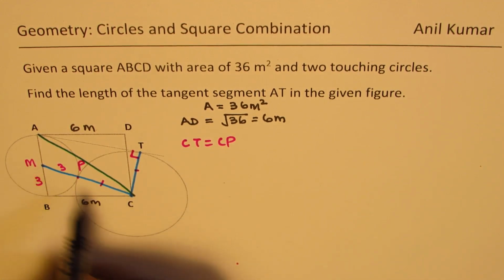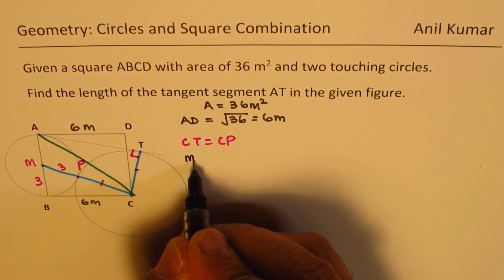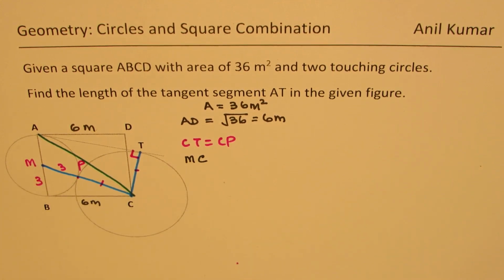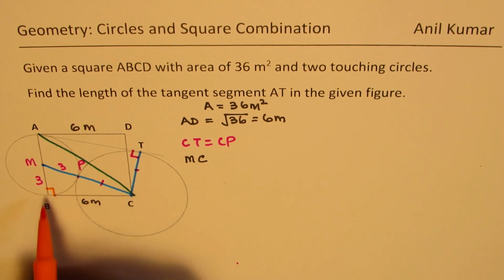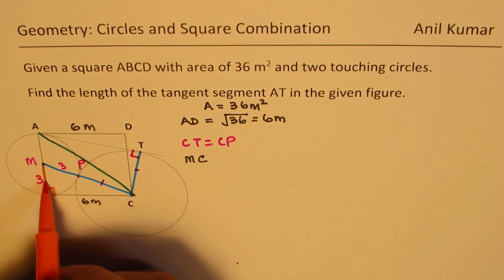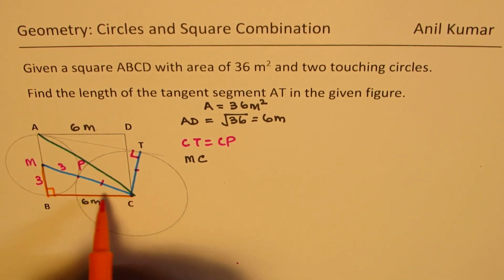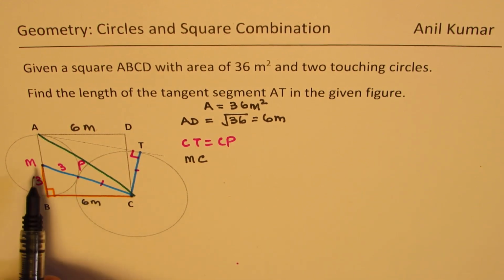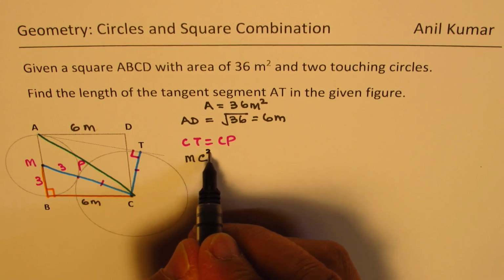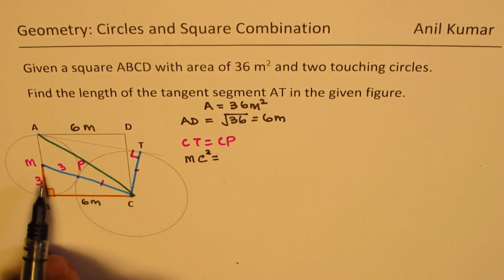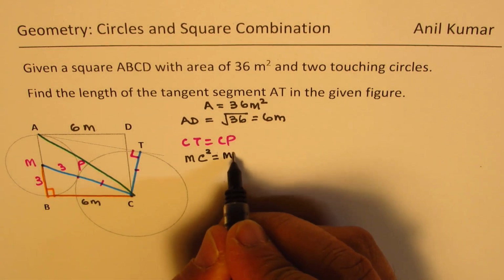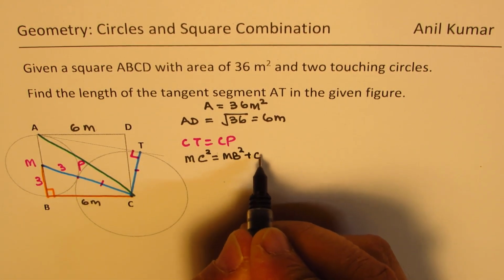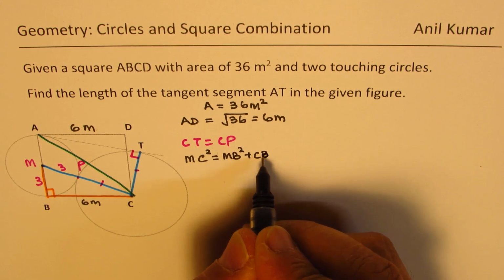Okay, so MC, that is the hypotenuse for the triangle MBC, right? So for this particular triangle, we know that MC whole square should be equal to MB square plus BC square, or let me write CB square.